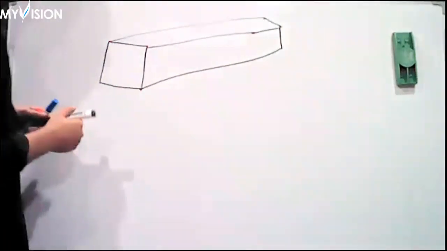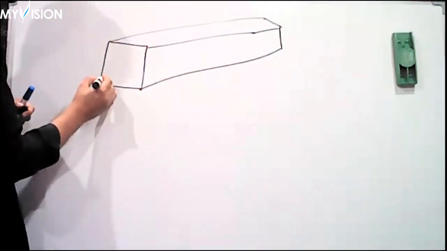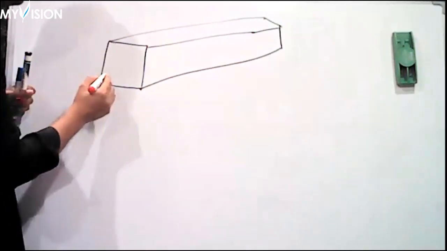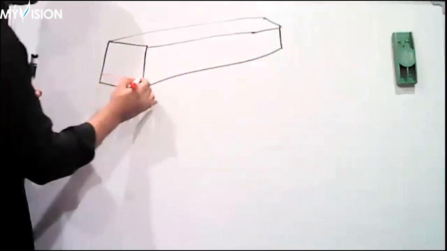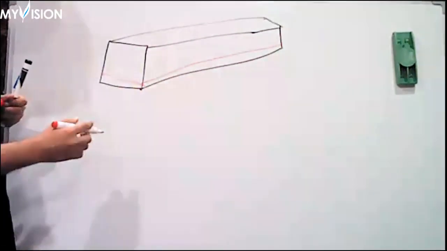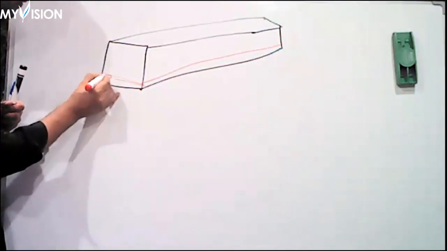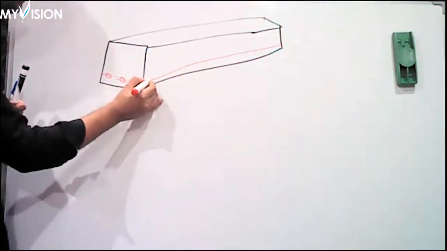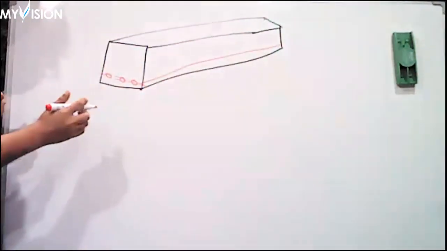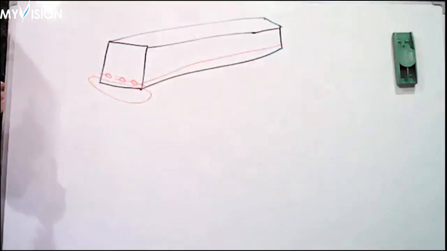This lower part is the cover of the steel. For example, the steel bars over here. These steel bars run continuously in the whole beam. This lower part will be the cover.